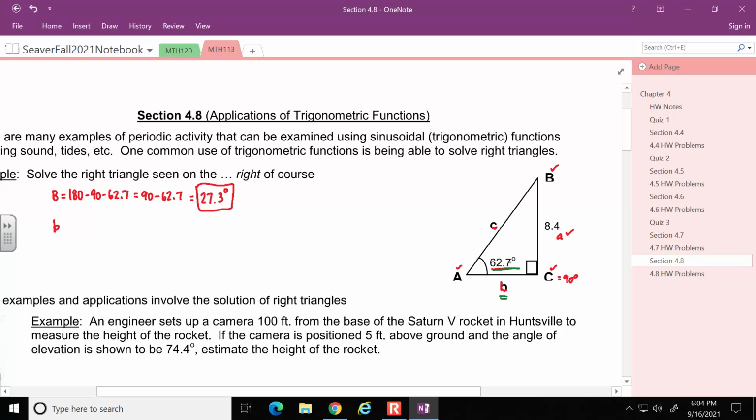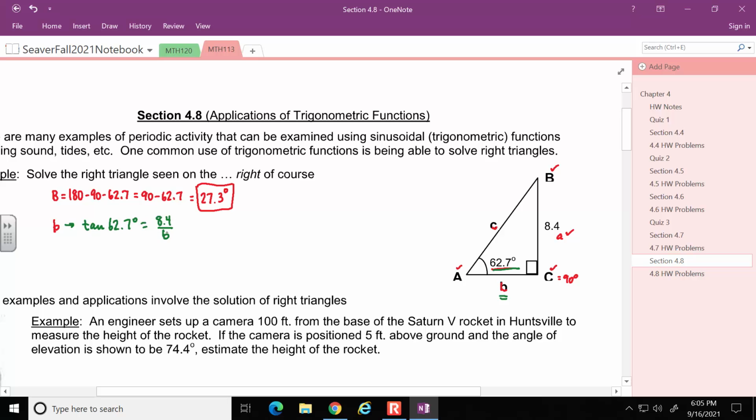So looking at 62.7 degrees, what relates opposite and adjacent? Well, that's tangent. So the tangent of 62.7 degrees would have to equal opposite, which is 8.4, over B. I'm going to find B using this.